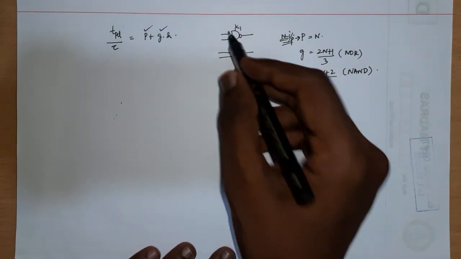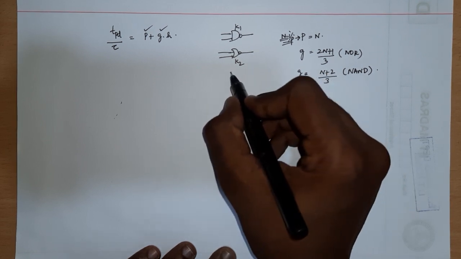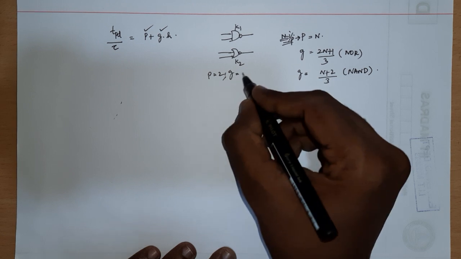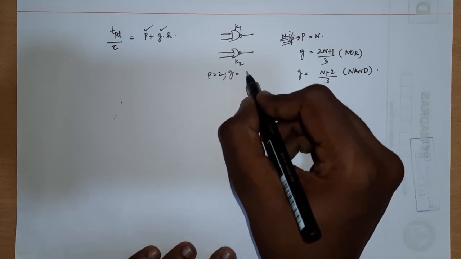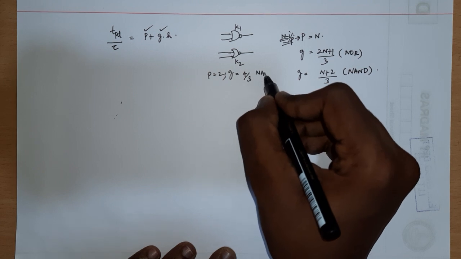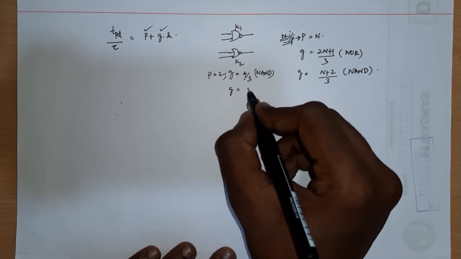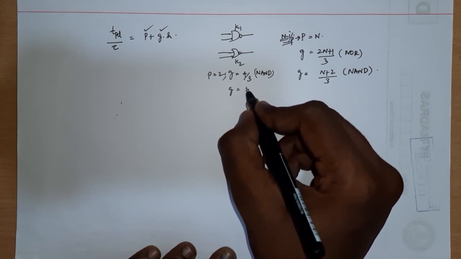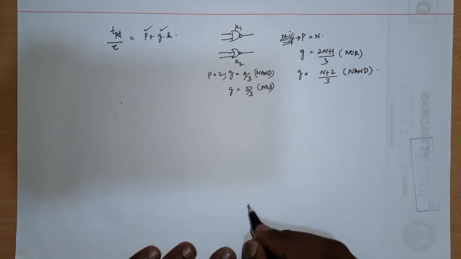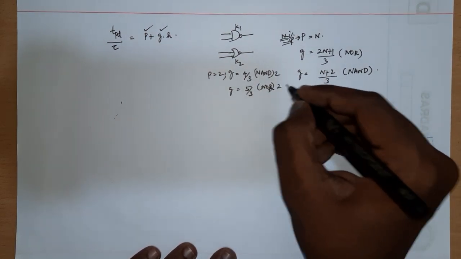So if the input is fixed, like two inputs, then my parasitic effort is equal to 2, and my logical effort is equal to 4 by 3 for NAND, and 5 by 3 for NOR, right? NAND 2 and NOR 2, okay.